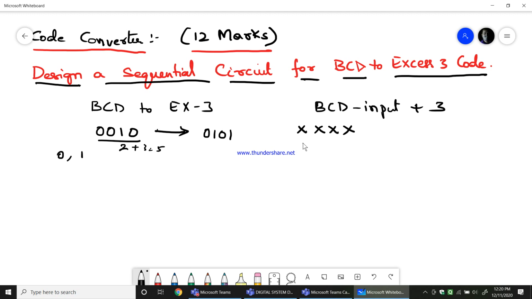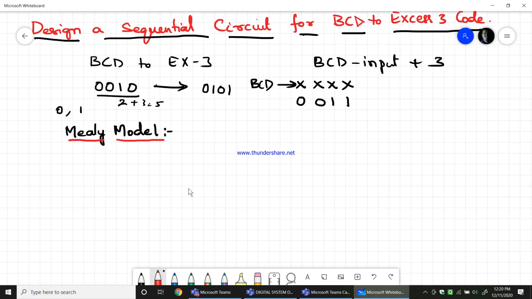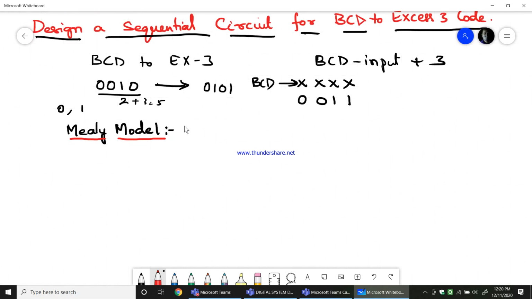Meanwhile I am going to add this bit sequence, which is the BCD input, with 3 always. Now I will be writing a Mealy model. Normally we go with the Mealy model, not the Moore model, for code converters.